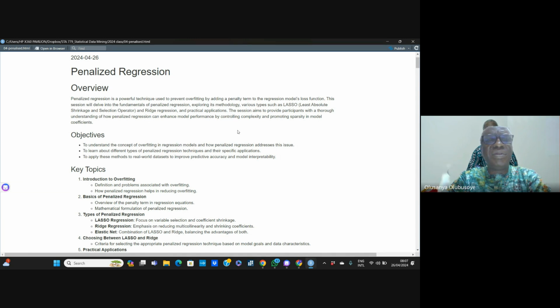So we look for the coefficients that will produce residuals that will minimize the sum of squares of the residuals.